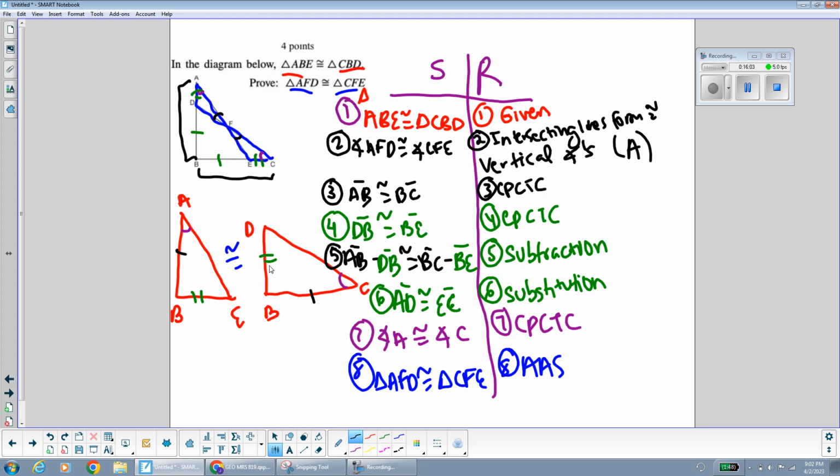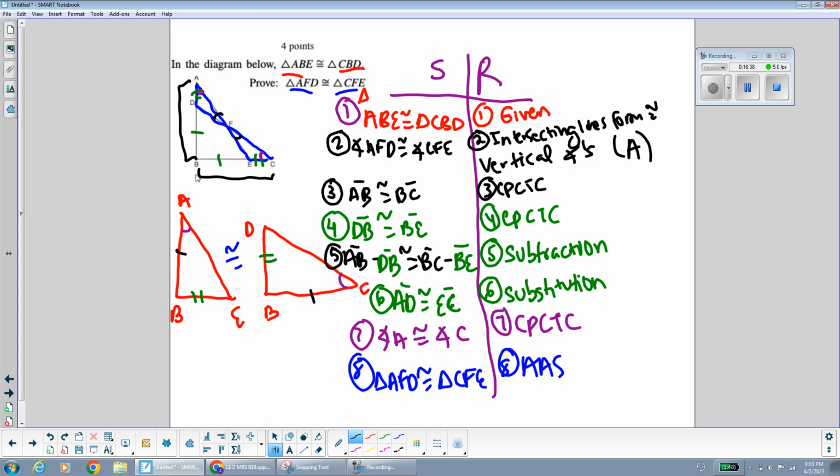So now that we know that we're starting with congruent segments and subtracting congruent segments, we know that our differences, what's left over, which would be AD and EC, that was the goal of our subtraction, are congruent as well. So when I'm actually doing the subtraction, that's my subtraction postulate. I'm replacing AB minus DB with what it actually is. When you do AB, take away DB, you're left over with AD. You're substituting this for what it is.